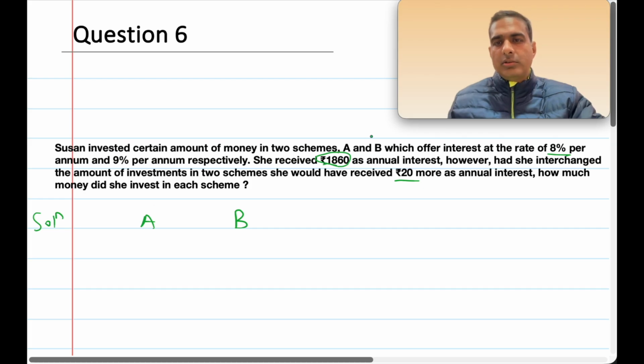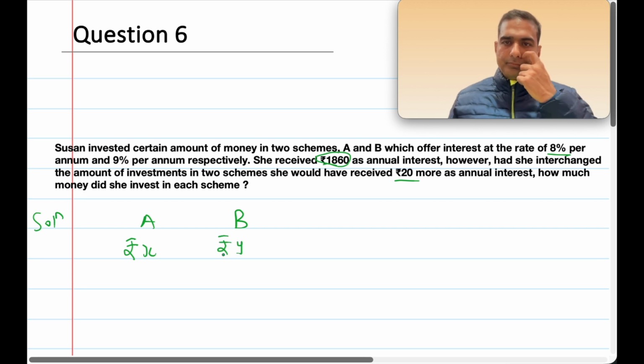Now two amounts of money were invested, one in A, one in B. We do not know how much Suzanne invested in A and how much she invested in B. So let's assume she invested rupees x in A and rupees y in B. So in the first situation, she got 1860 as the interest.